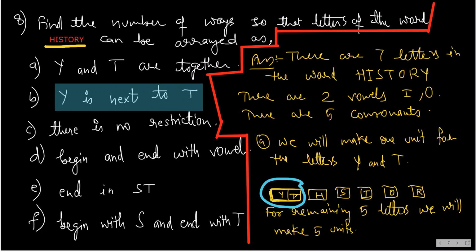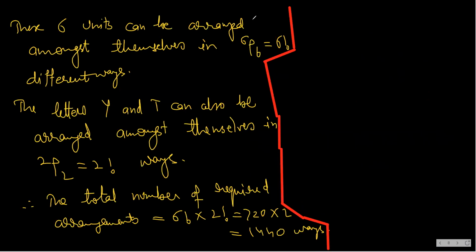No, this is t next to y. When you say y next to t, in all the arrangements it's going to be this way. You will tie the letters t and y, and you will make sure that y is next to t.